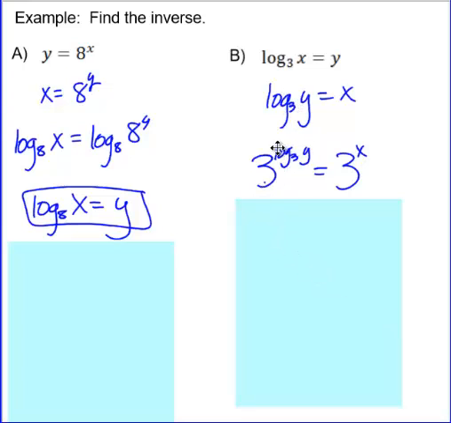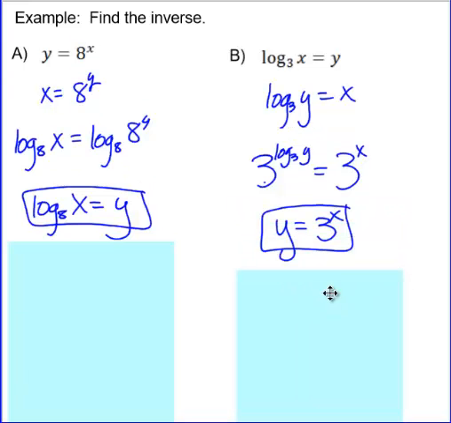So 3 raised to the log base 3 of y equals 3 raised to the x. And then we just simplify this left-hand side. The log base 3 and 3 are inverses of each other. So that's going to give us just the y, and we get y equals 3 to the x. So those are the basic examples for finding the inverse of a basic exponential and a basic logarithm function.